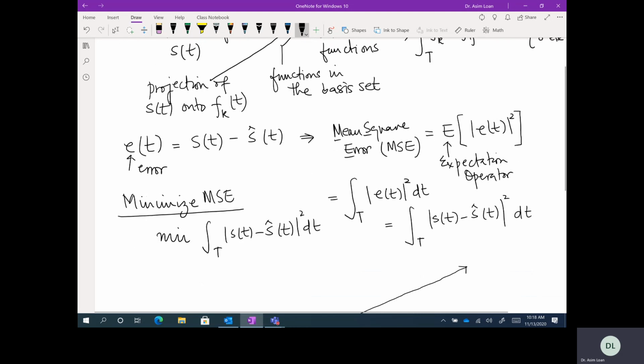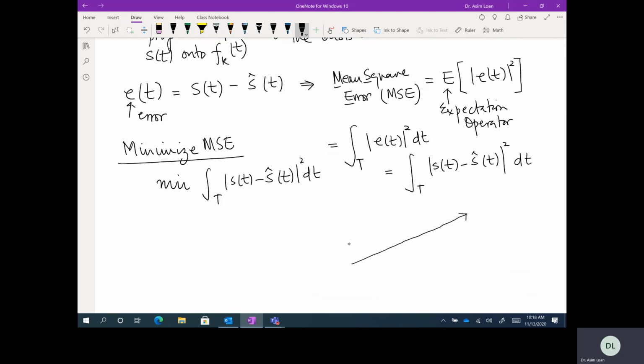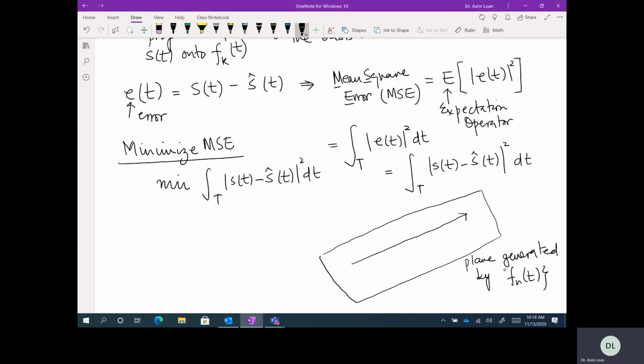Assume this is the plane generated by f_n of t. So obviously S hat of t is in this plane.